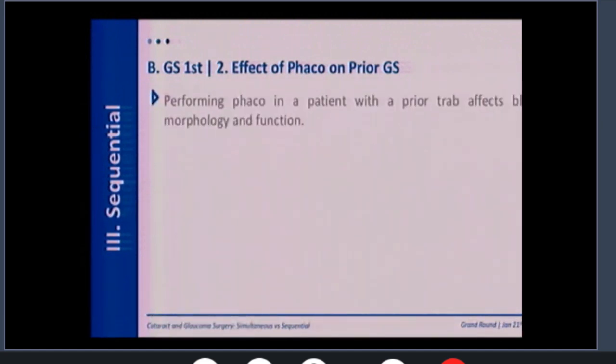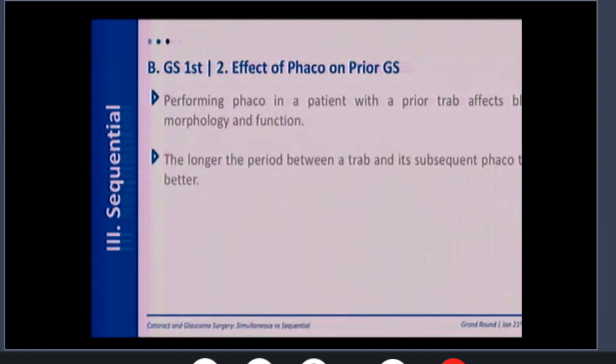The other issue to consider is the effect of phaco on the success of the glaucoma surgery that's already present. If you have a patient with an already performed trabeculectomy, he has a bleb, and you did phaco in that eye, there is a chance that the bleb, although it was functioning nicely previously, will start to fail.